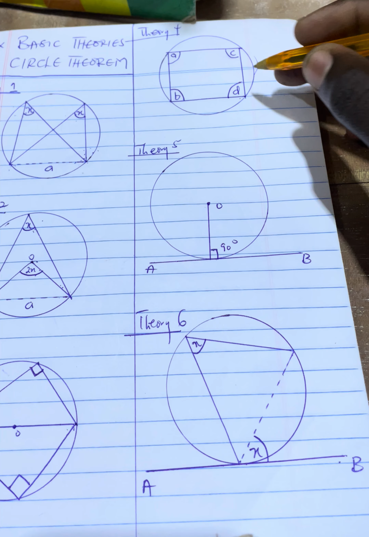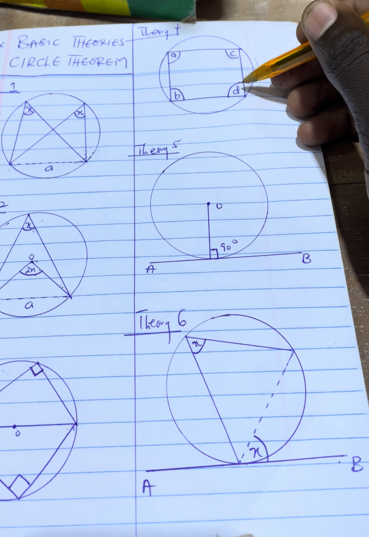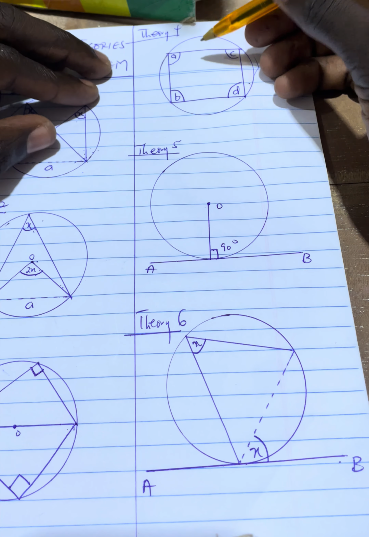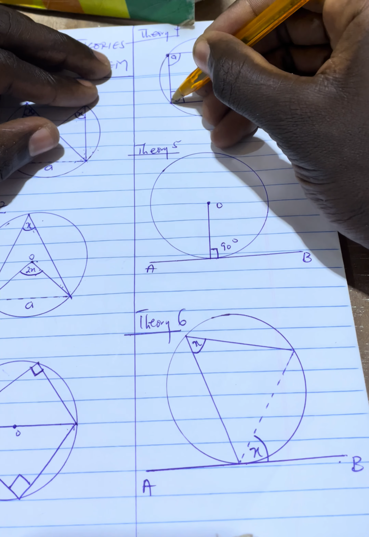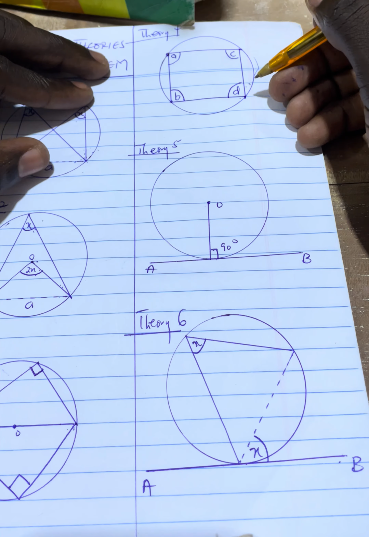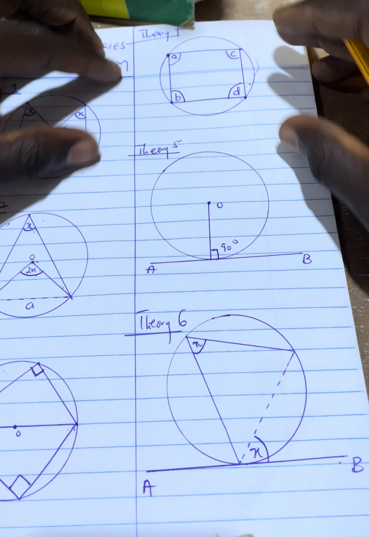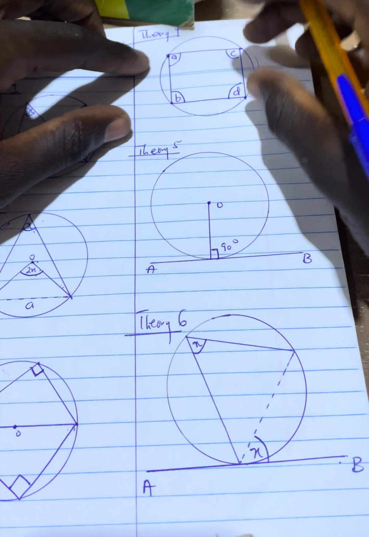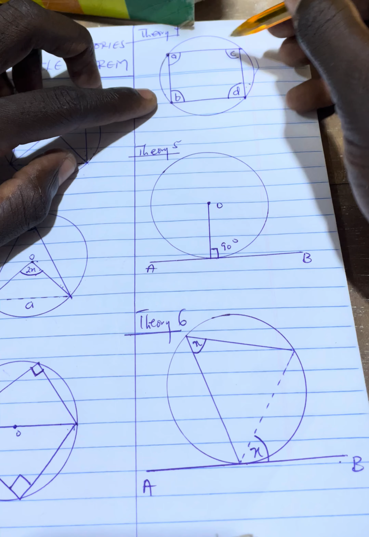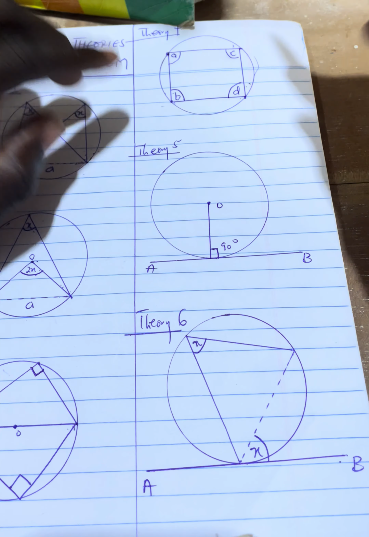The fourth theory, I call it the cyclic quadrilateral theory. When we talk of a cyclic quadrilateral, as the name goes, quadrilateral, a four-sided figure. A cyclic quadrilateral is a four-sided figure which has all 4 vertices touching the circle. Realize each of the vertices is touching the circle. That's a cyclic quadrilateral. This theory says that if you have a cyclic quadrilateral like this, the opposite angles, when you add them, sum up to 180.